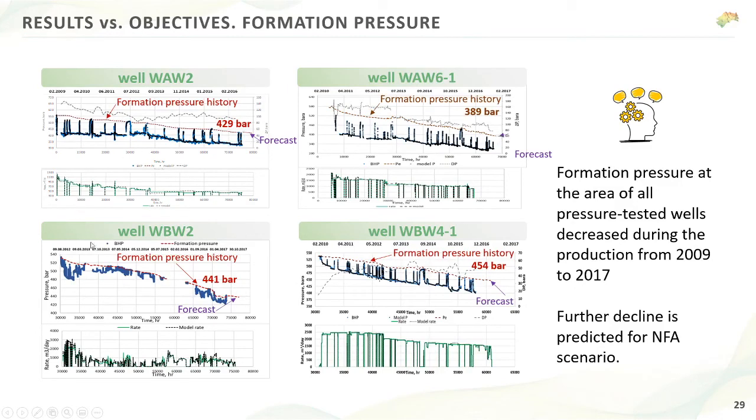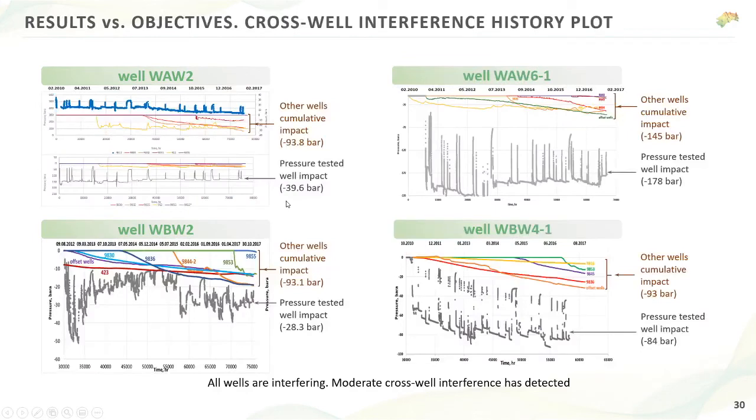But again, it seems like all these wells are connected, and they are connected to the offset wells, and we see some pressure interference. But for now, as we don't have yet any water flood, any water injection, our prediction of formation pressure is a further decline, of course, right?